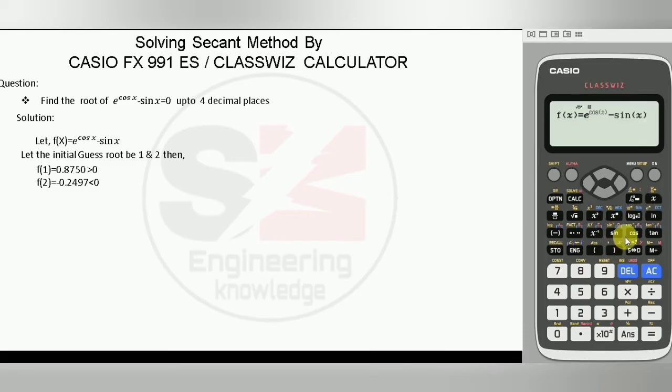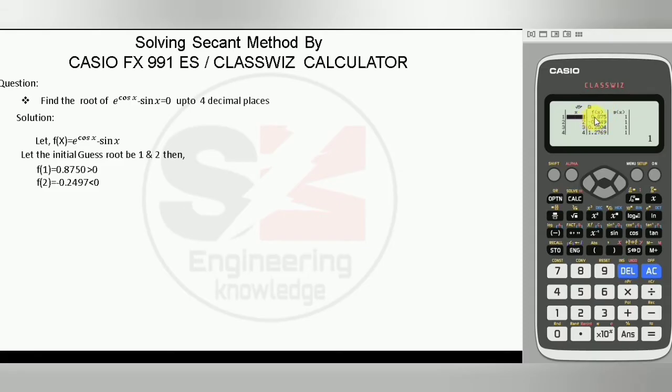After writing this equation, just press the equal button, then write 1 here. Then here, we can change the starting value of x and the ending value of x. After specifying the values of x, simply press the equal button. Then we can see the values of x ranging from 1 to 5, and we can identify the two values of x from this table.